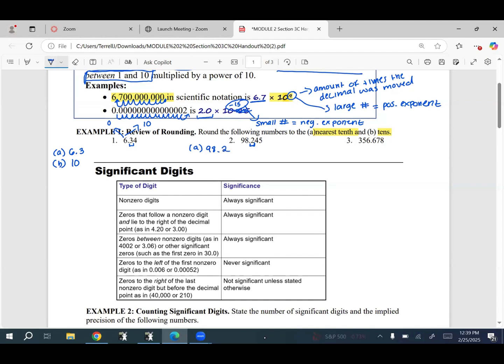You only round up if the number to the right is 5 or greater. And then rounding to the tens place, 98 can go 2 ways. It can either be 90 or 100. 98 is closer to 100, so that is my answer.